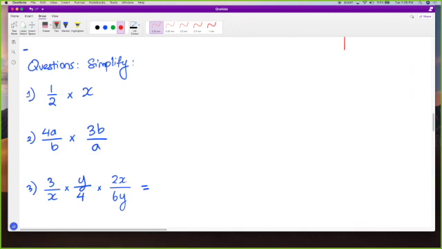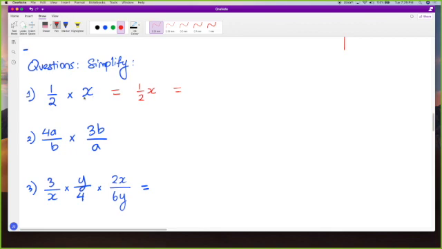Earlier, just a half X. That is true, and you will roll the dice for that. Yes, a half times X is a half X, but that is not the answer that I wanted. But it is correct, so you will get to roll the dice. But what else? It could simplify more than that. Remember, what we do in here is multiplying fractions.